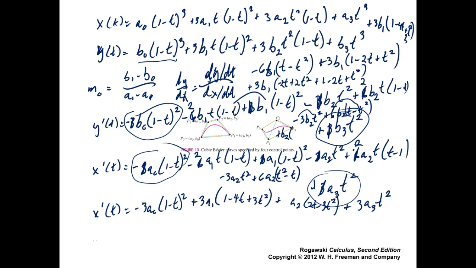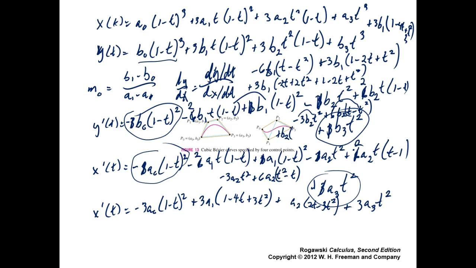Okay, let me go back and make sure we didn't write something wrong, because we only did that once. So let's see. The a2 term was 3a2 minus 3a2 t squared. Yeah, that's what we got.